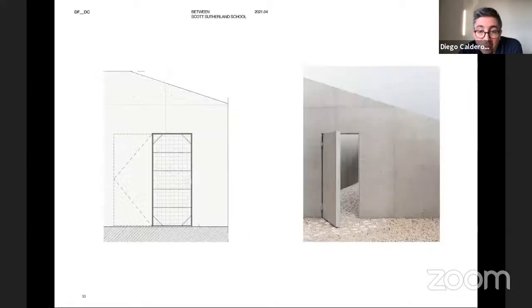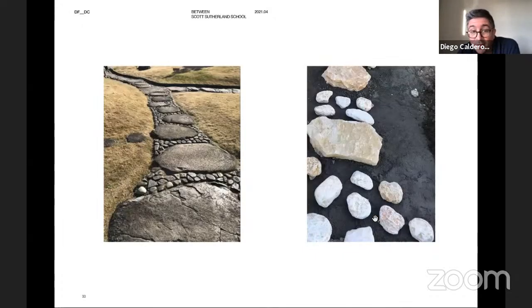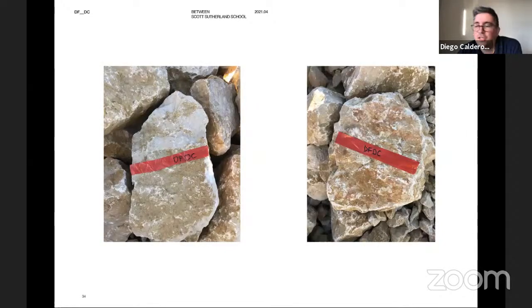I don't have a final image, but I think we have it on the website. We did a version of these composite pathways made of the same material, but in different instances and different scales, basically putting rocks together and gravel. We enjoy this kind of thing a lot. So there's the serious process behind the project, and it's the architect's hat that one needs to have on to be able to go through all the obstacles and the main development of a project.